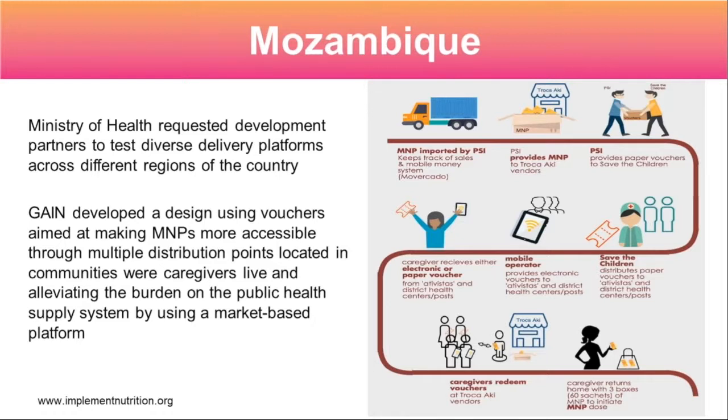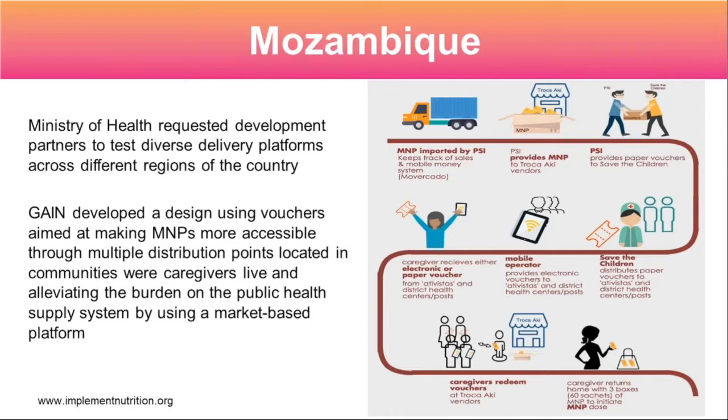PSI provided the paper vouchers to Save the Children, our other collaborator and partner. Save the Children, in turn, directly distributed the vouchers to caregivers through activistas, or community health volunteers, and health promoters that were stationed at the health centers. Save the Children also provided vouchers to the Ministry of Health centers, and Ministry of Health staff then provided vouchers to caregivers.